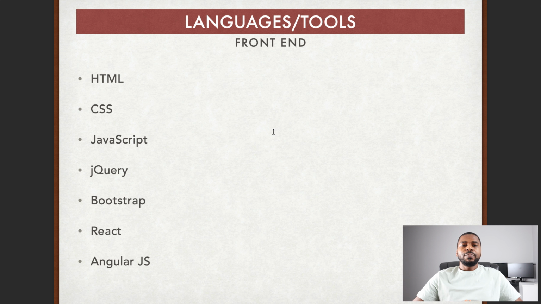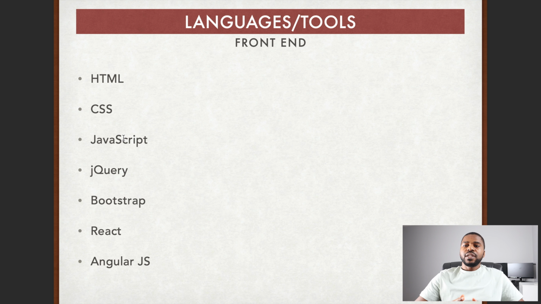You can get started building web pages just by knowing HTML and CSS. So HTML is a markup language that allows you to display your content in a web browser, and CSS allows you to style your content. For example, you might want your title to be in green and your paragraph to be in a different color.